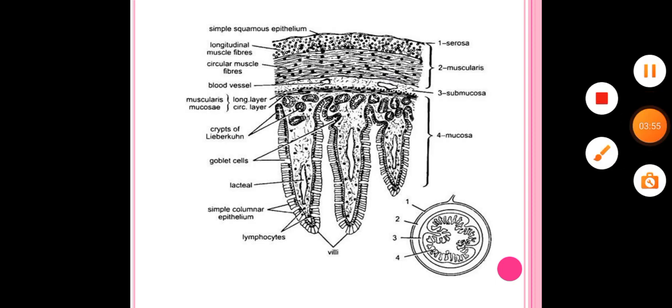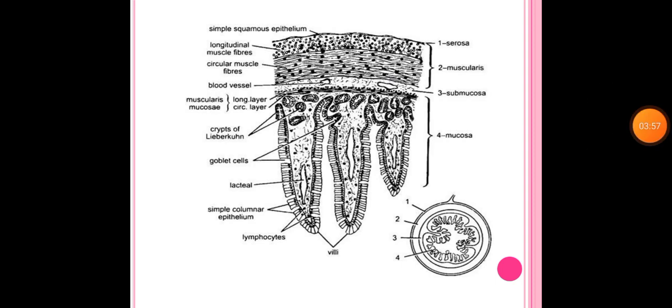These are the finger-like projections, and along with these villi, the outermost layer, the epithelial layer of this intestine, is made up of columnar cells, which are column-like cells. These cells have a brush border and show microvilli also. So these microvilli and villi increase the area of absorption.